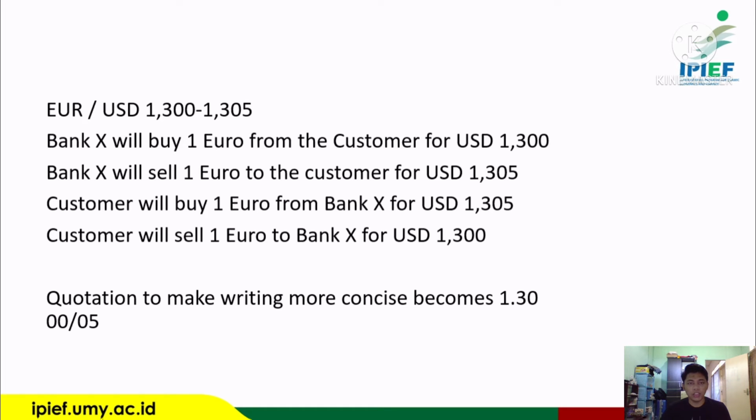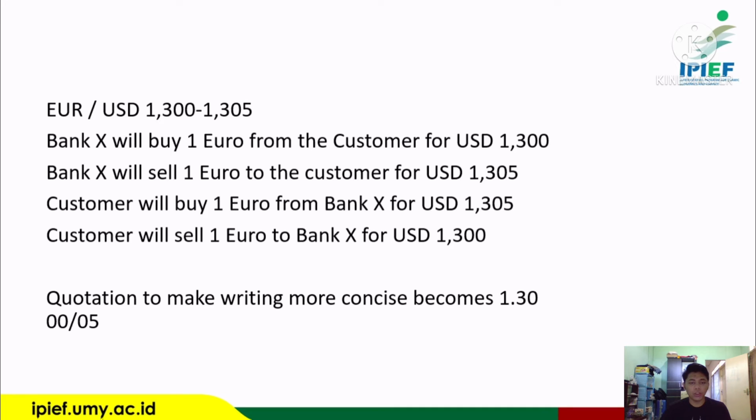Bank X will buy 1 euro from the customer for USD 1.3, and bank X will sell 1 euro to the customer for USD 1.305. On the customer's side, the customer will buy 1 euro from bank X for USD 1.305, and the customer will sell 1 euro to bank X for USD 1.3.